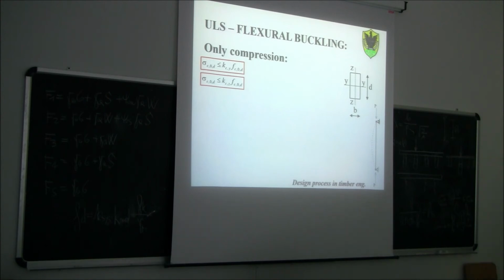If we are sure that the restraint is symmetrical, so you have the same restraint in different directions, then you can go directly to consider only one, the plane with the maximum slenderness ratio. But if you have different restraint conditions in different directions, then you need to work out both slenderness ratios, lambda y and lambda z.